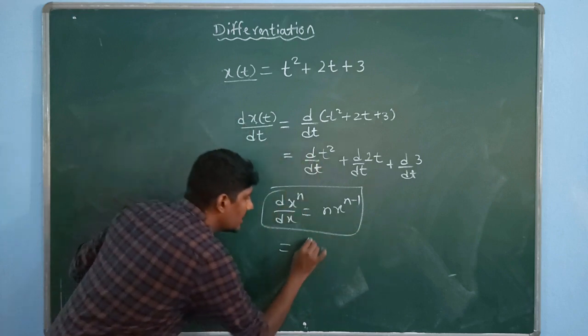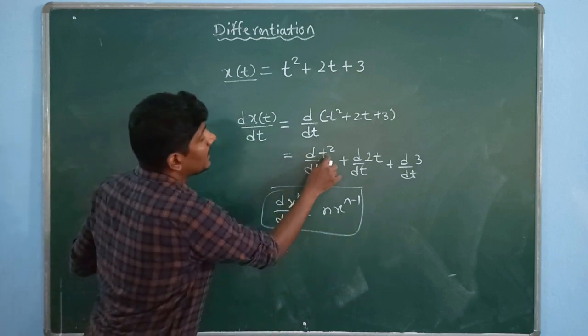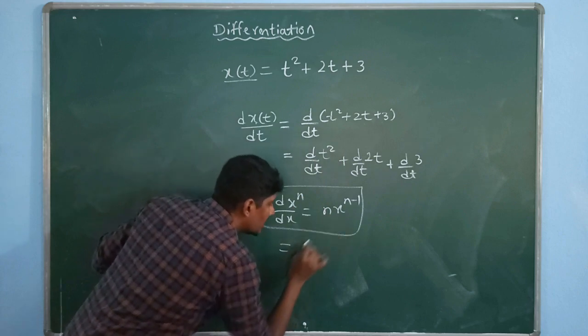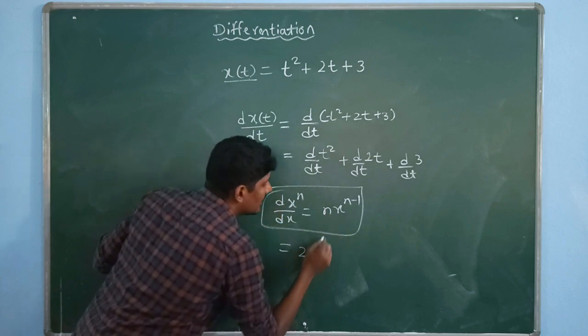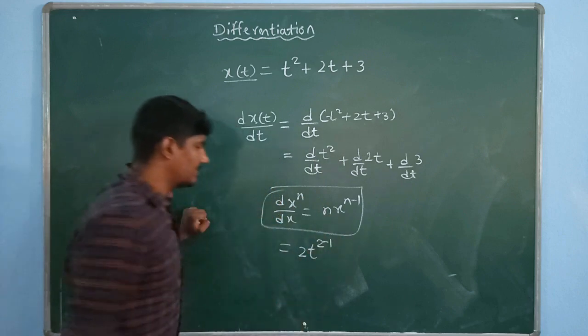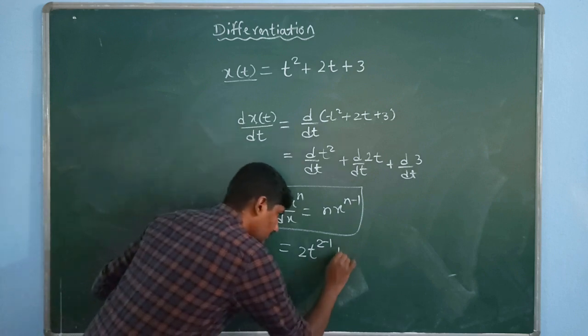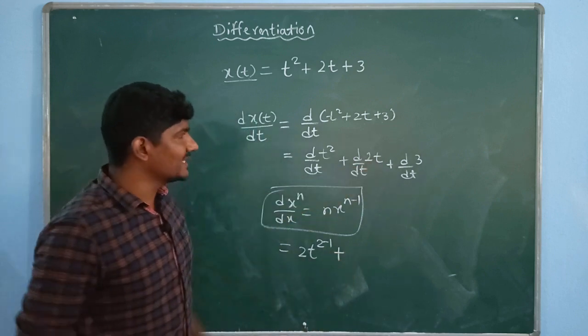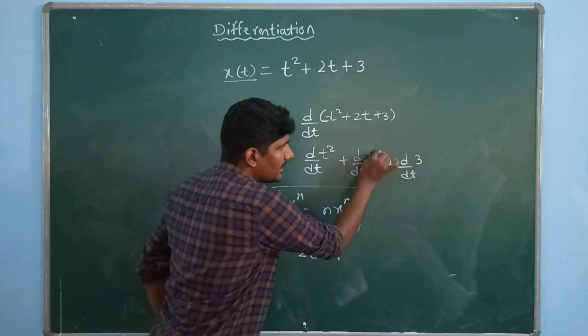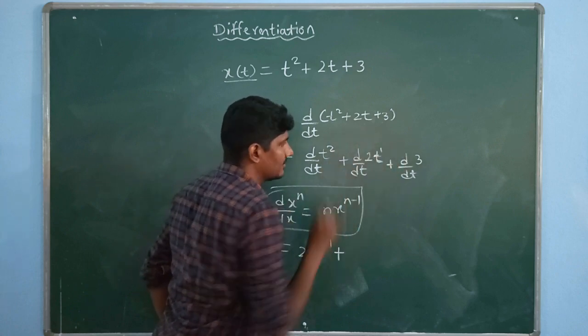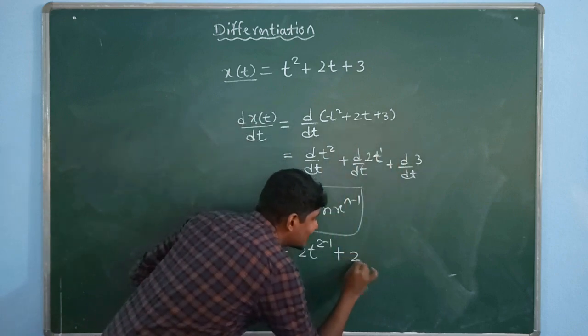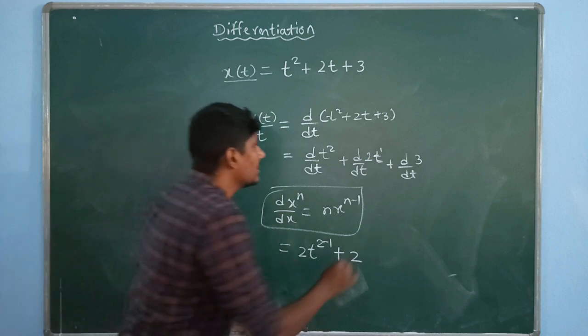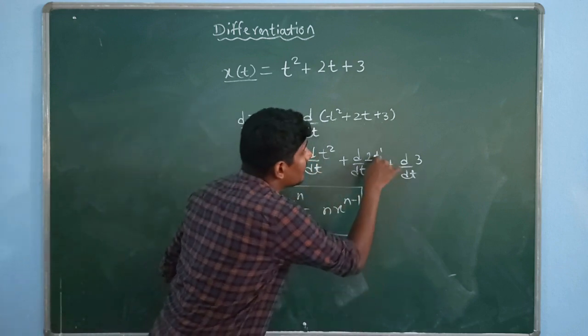So apply this. D by dt of t square is 2t raised to 2 minus 1. Plus 2t is there. Here t raised to 1 is there. So 2 as it is, don't touch that. Next, differentiation of t with respect to t.